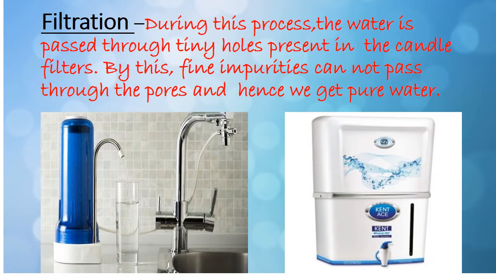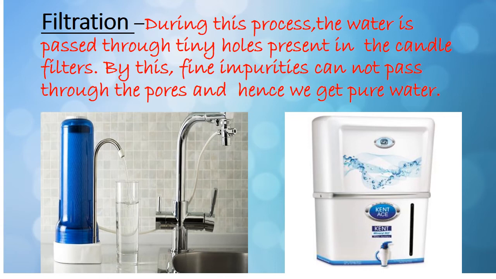Filtration. As you can see, nowadays most of us have candle filters or RO. So students, RO has a membrane or filter inside it. In filtration, the water is passed through tiny holes present in that candle filter.